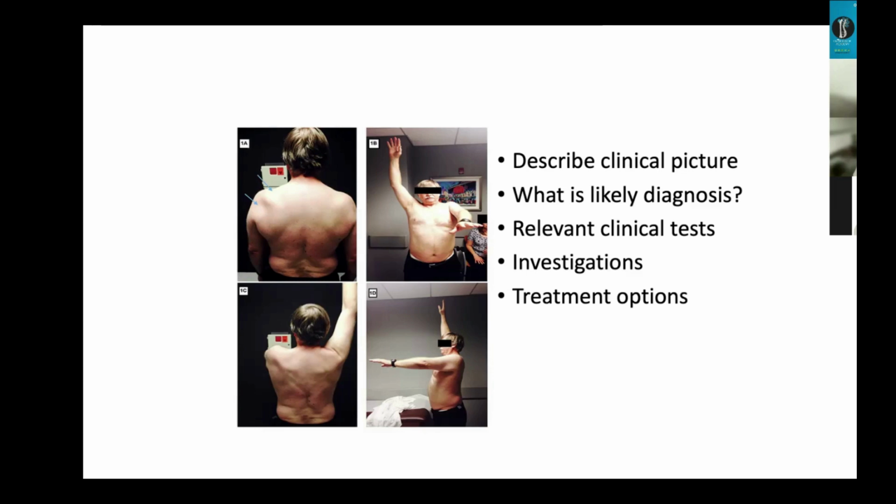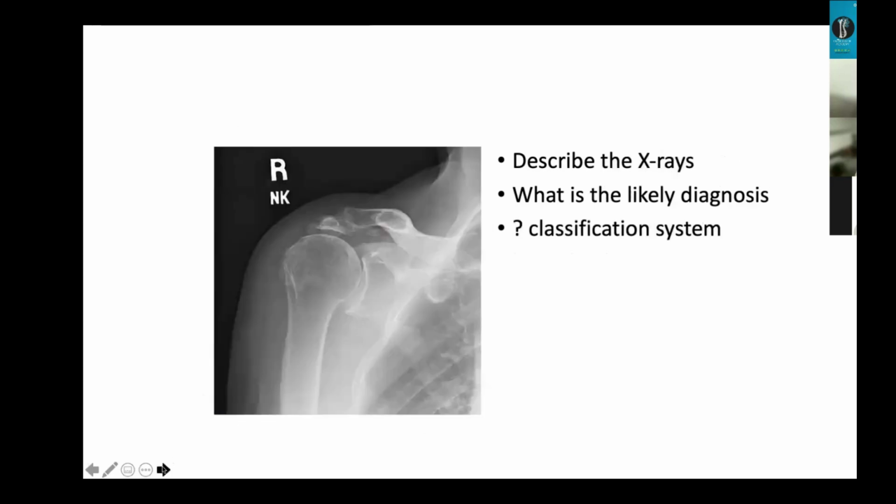Yes. My first step is to get plain films. I want to see whether there's a cuff tendonitis, either calcific or otherwise. So this is an AP radiograph of the right shoulder.